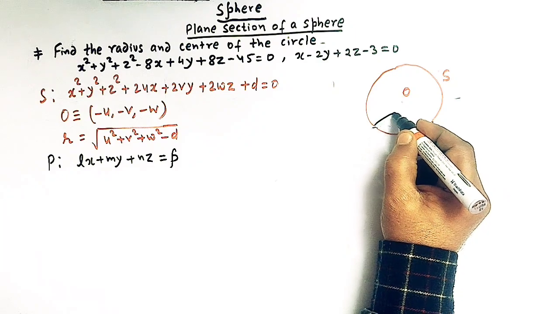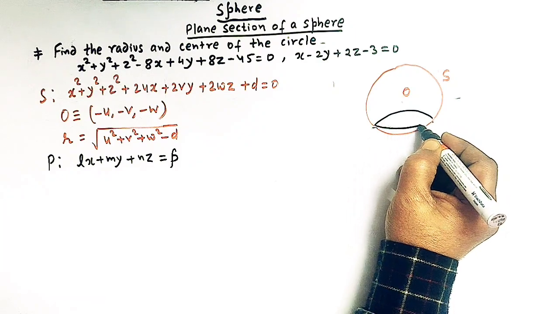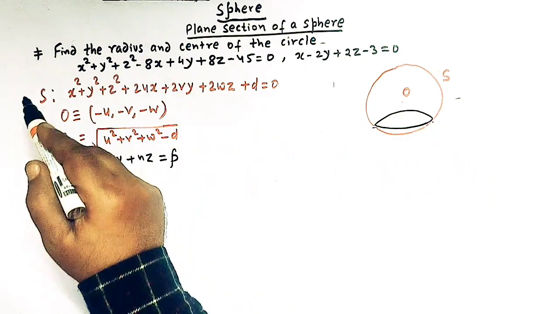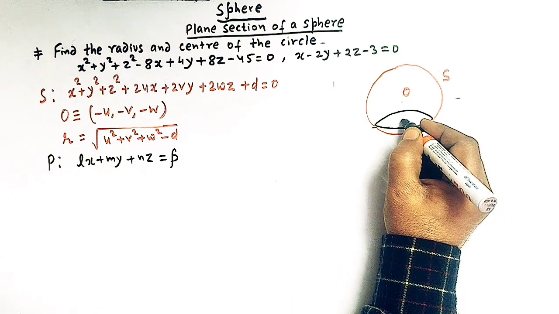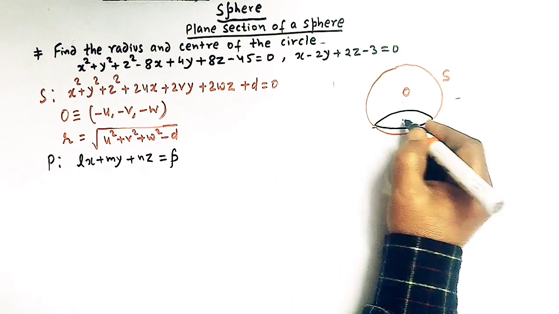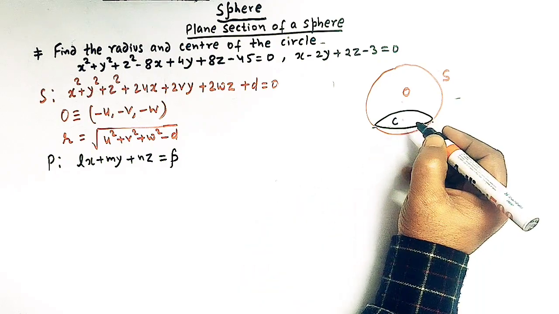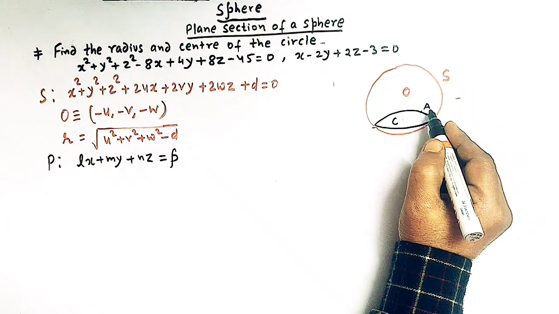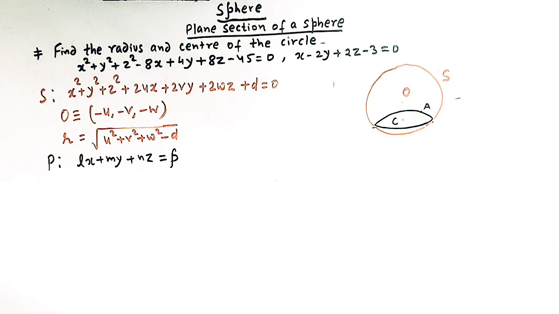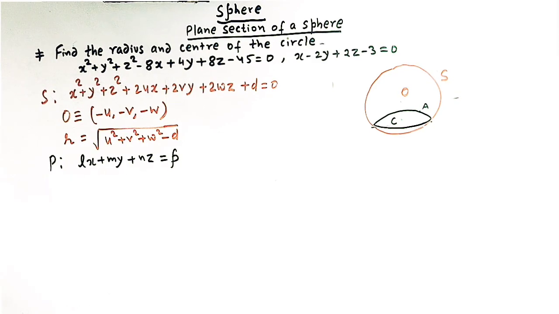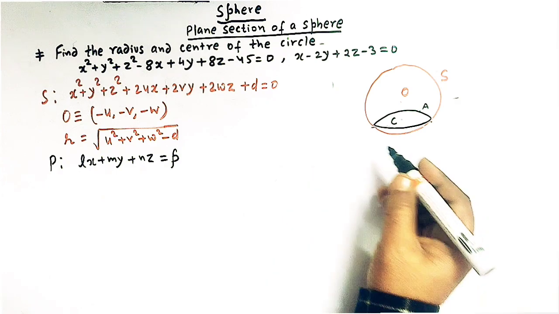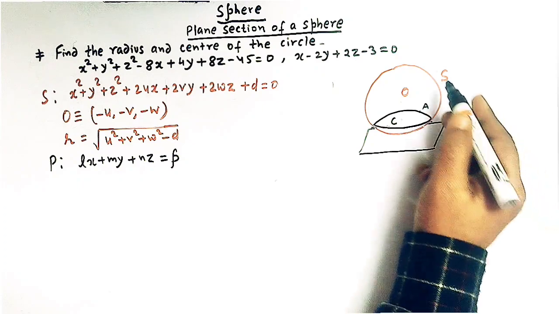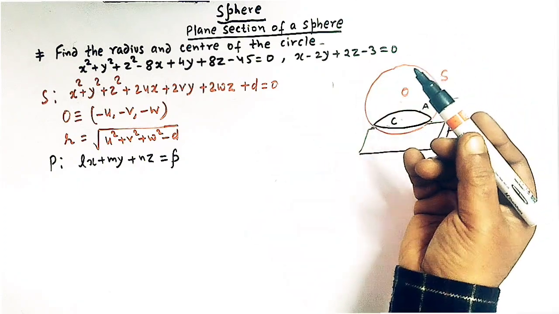So we'll get a circle like this, which is obtained by the intersection of the plane P and the sphere S. Let us denote the center of the circle by the letter C, and here we have a point, say A, which lies on the sphere S. This plane P cuts the section of the sphere S, which is a circle.